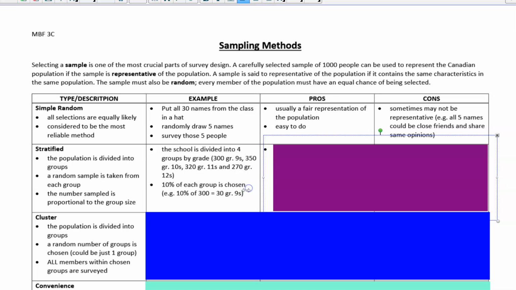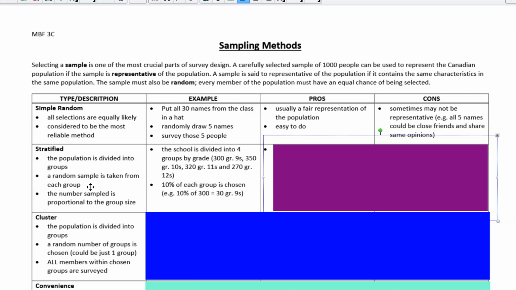School is the easiest example here. The school is divided into 4 grades, those 4 groups. If there are 300 grade 9s, 350 grade 10s, 320 grade 11s, and 270 grade 12s, we've divided into the 4 groups within the population of a school, and then we survey the same percentage of each group.